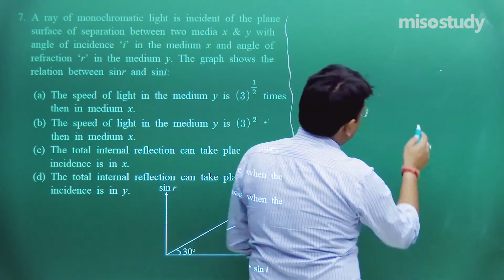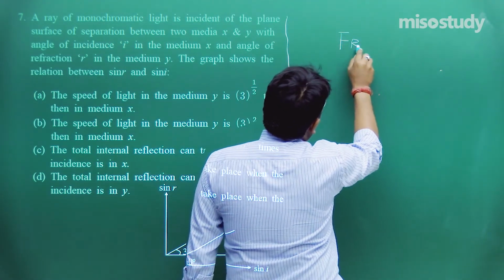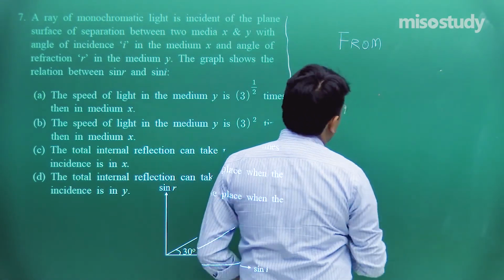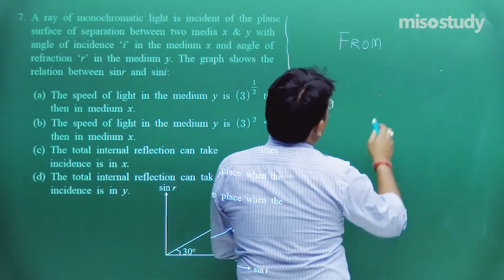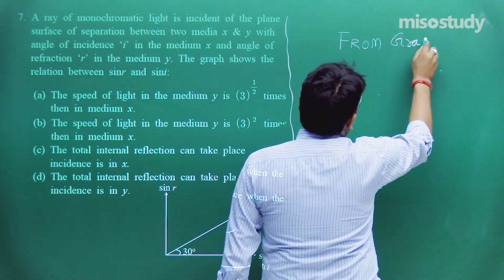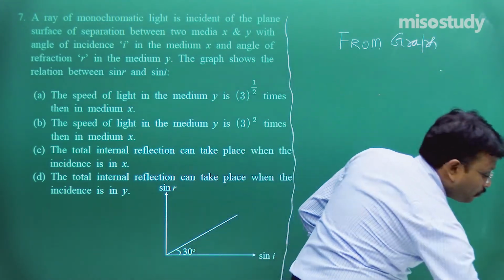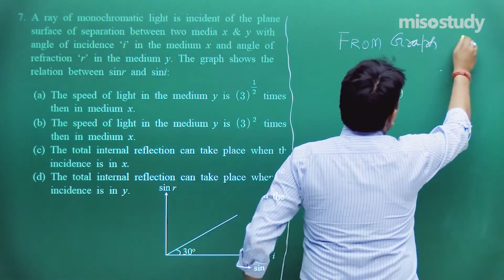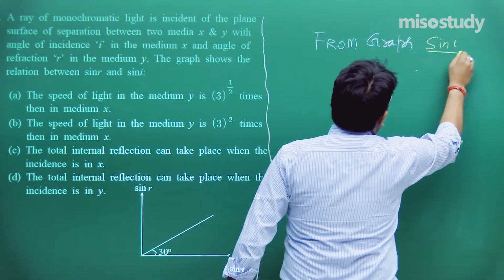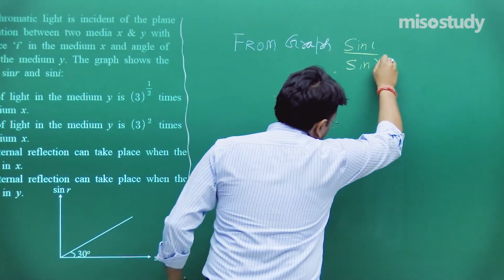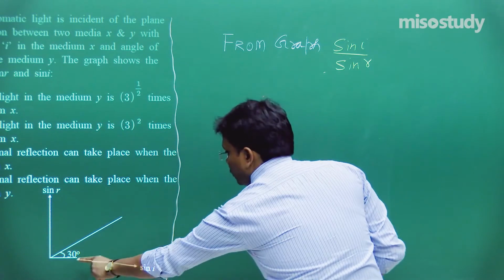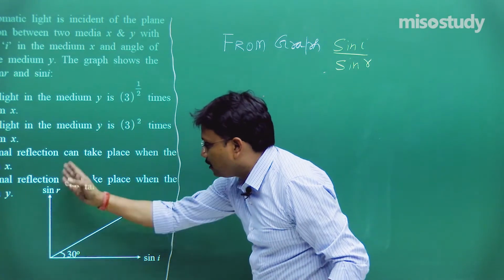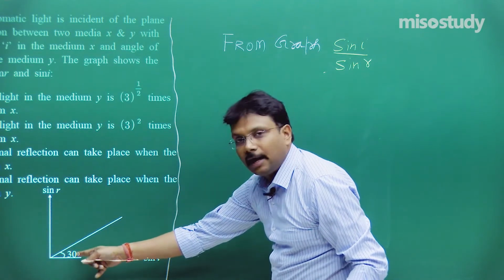The solution is, and if it is right now not visible, don't worry, because now the question is clear to you. From the graph, what exactly is mentioned is sin I upon sin R, fine, is equal to tan 30, base, height, 30 degree angle.